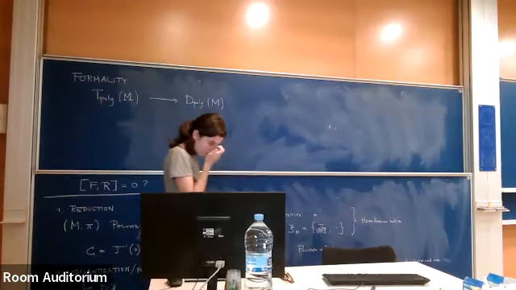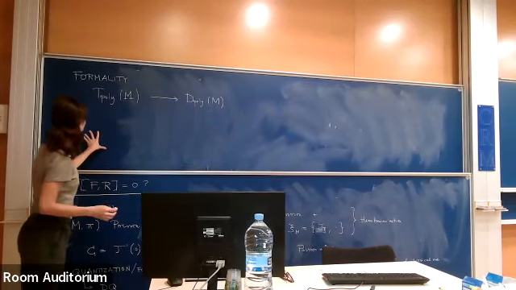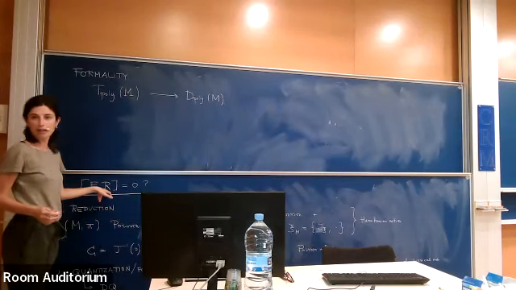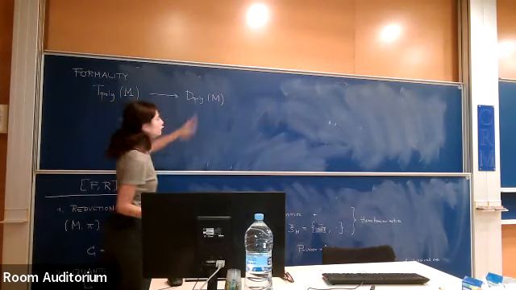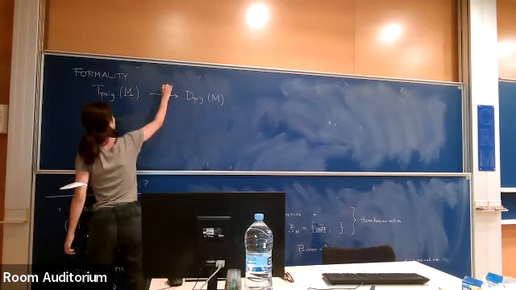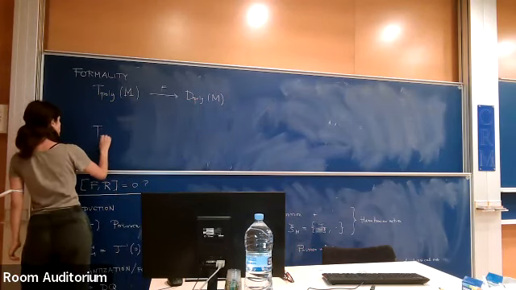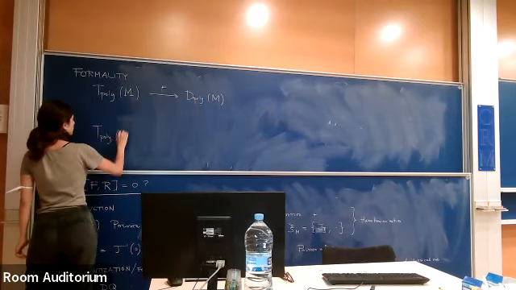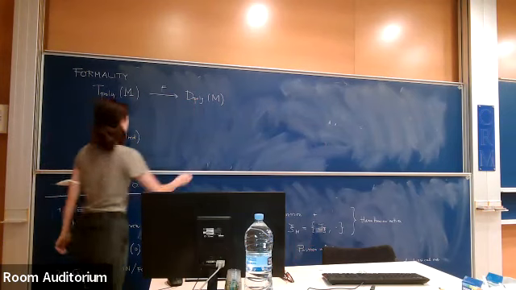Okay, so what do I mean now with formality and reduction commute? I have the formality arrow here, and I have the same for the reduced manifold.